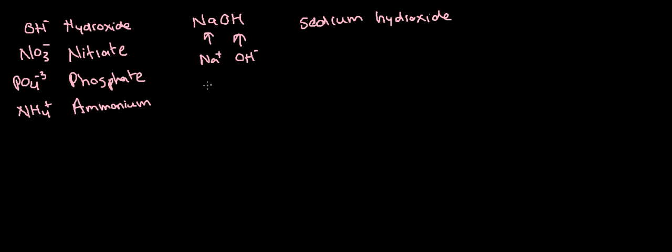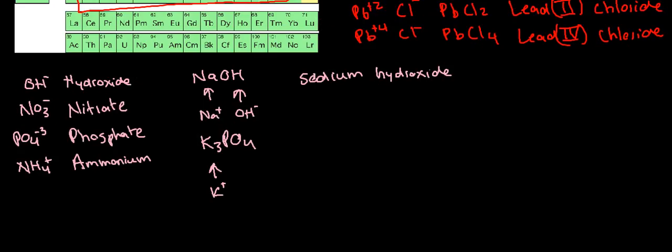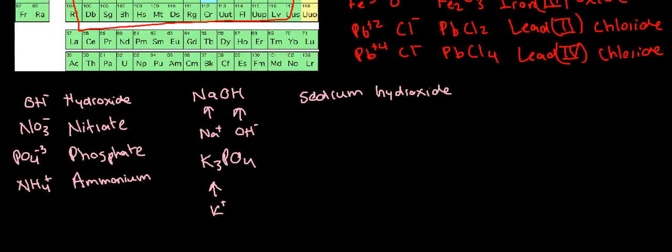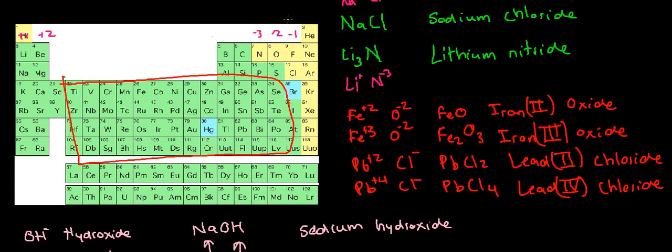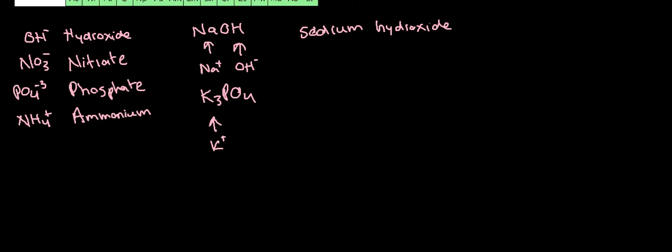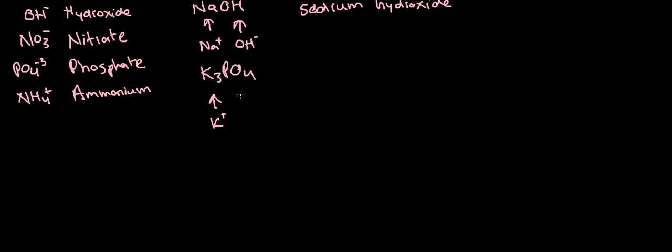Let me take another example. Suppose I'll use phosphate. I have K3PO4. Here the cation is potassium, which is a +1, like everything else in this first row. And phosphate, which is a -3.